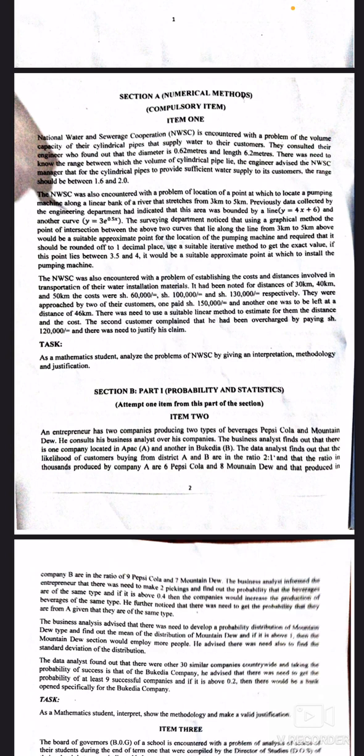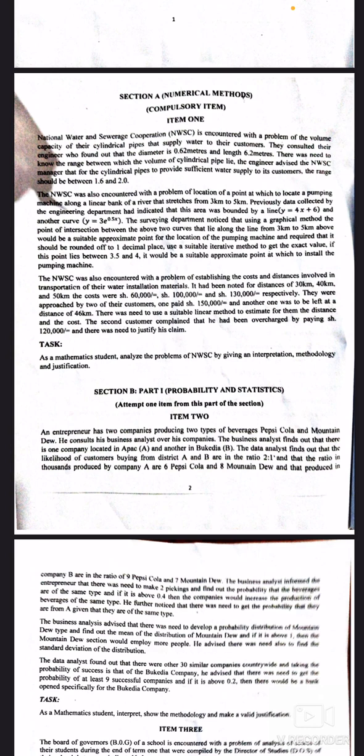One paid shillings 150k, and another one was to be left at a distance of 46 kilometers. There was need to use a suitable linear method to estimate the distance and the cost. The second customer complained that he had been overcharged by paying shillings 120k, and there was need to justify this claim. Task: as a mathematics student, analyze the problem of NWSC by giving an interpretation, methodology, and justification.